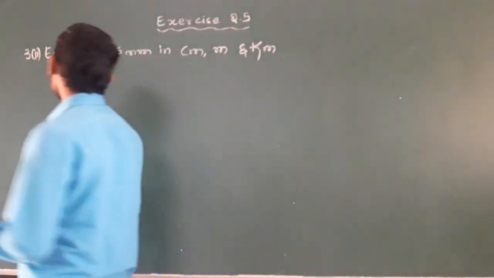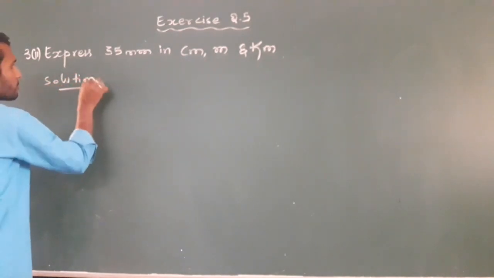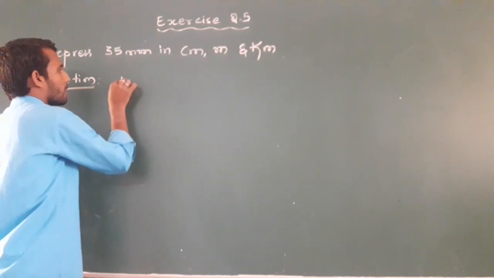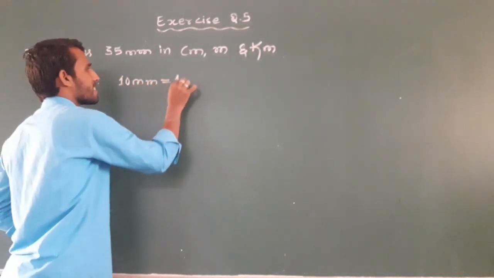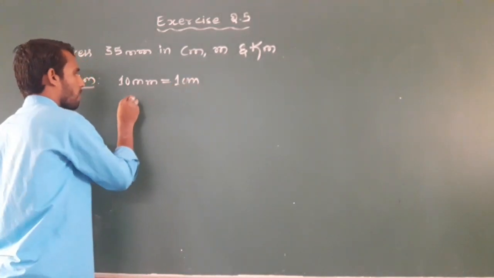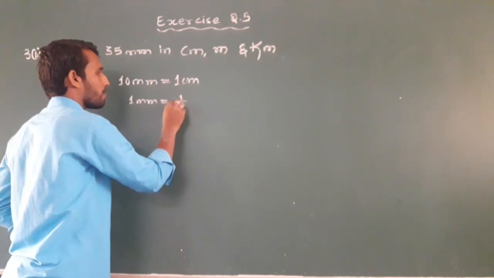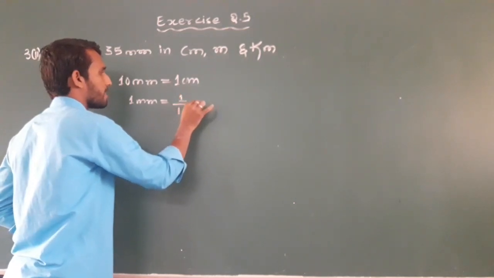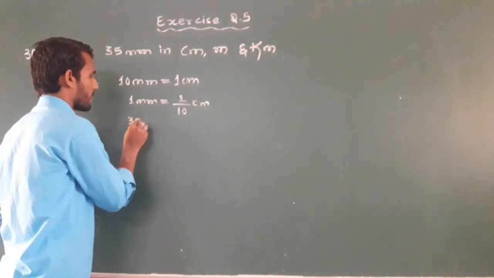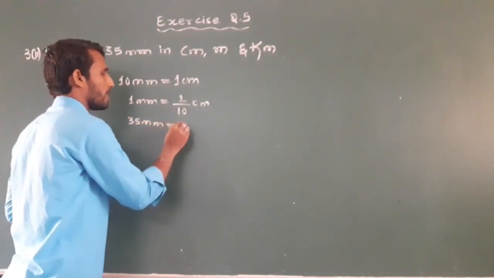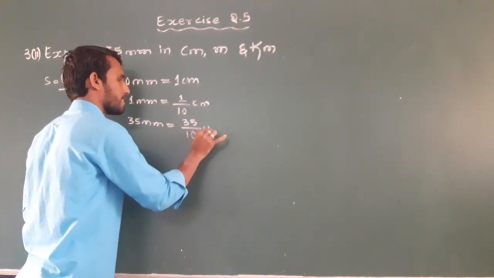Let us see the solution. 10 millimeter equal to 1 centimeter. 1 millimeter equal to 1 by 10 centimeter. So 35 millimeter equals 35 by 10 centimeter.